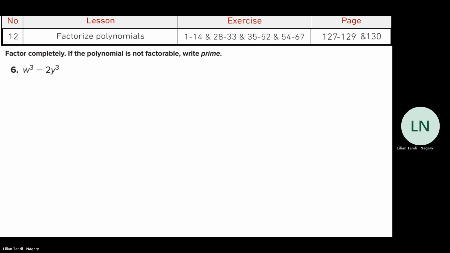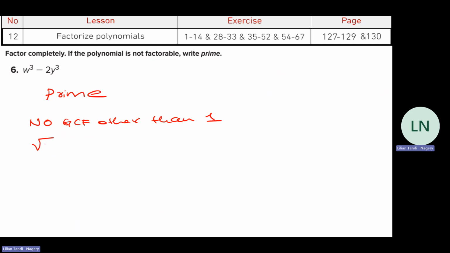This also will be prime. Okay, no GCF other than 1. Okay. Square root of 1w cubed is not a perfect square.